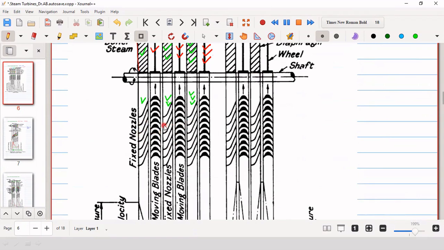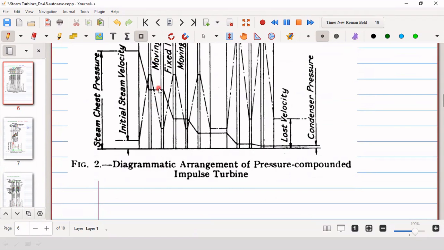There basically expansion takes place and pressure reduces, and therefore velocity increases. And it is seen that the velocity at the inlet of the moving blade for all these stages is basically almost the same.